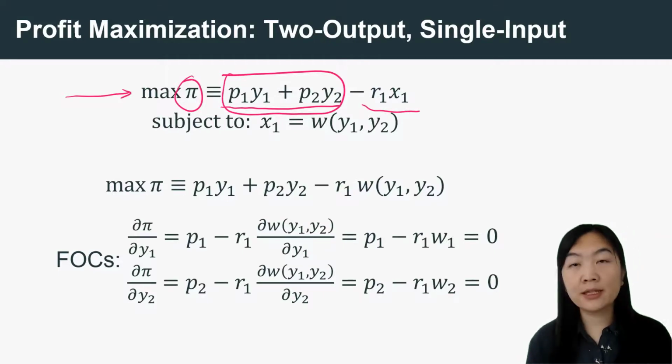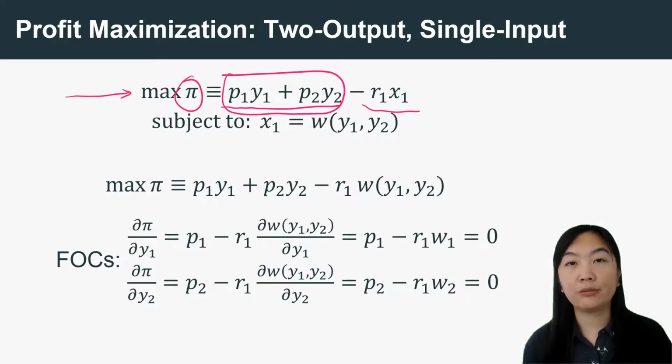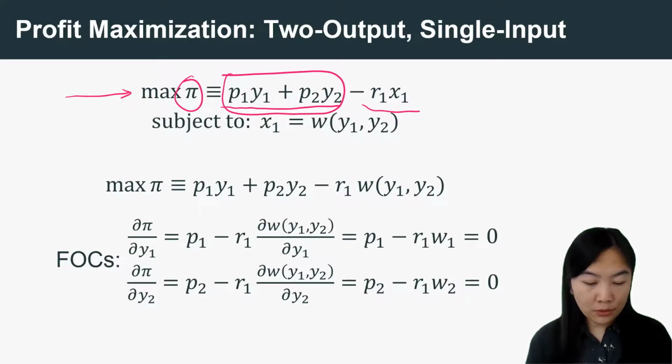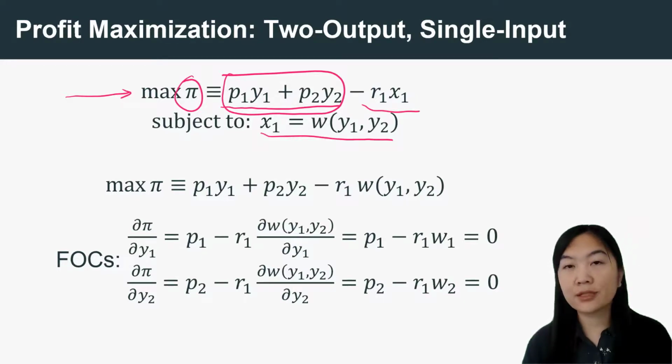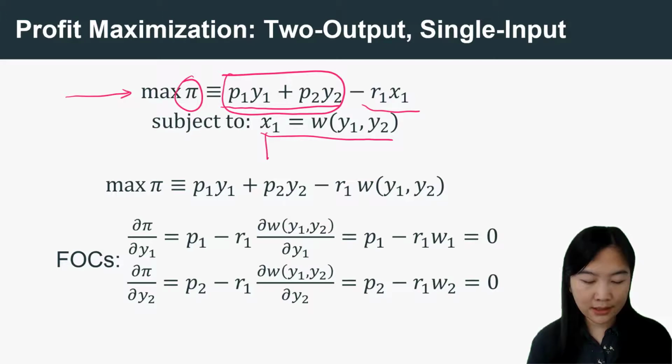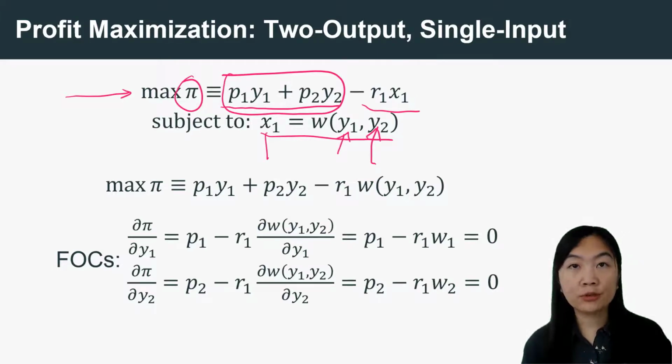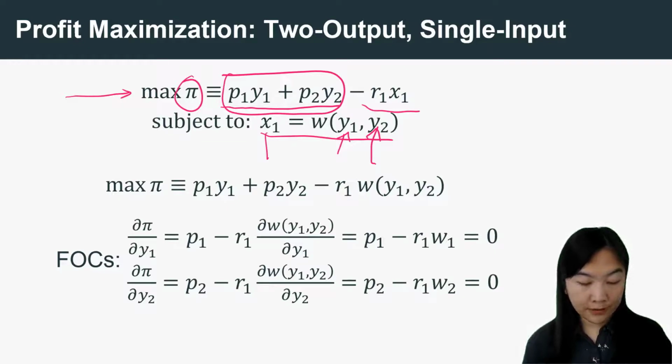But when we are maximizing profit, x1 is not given. We have to find out which input level x1 will lead to profit maximization. So this profit maximization has to be subject to the product transformation equation, so that it is feasible for this input to produce those two output levels.